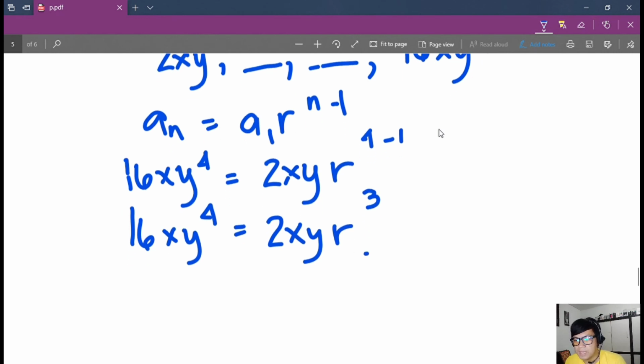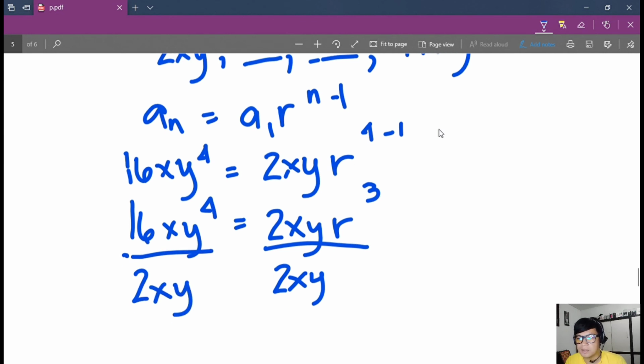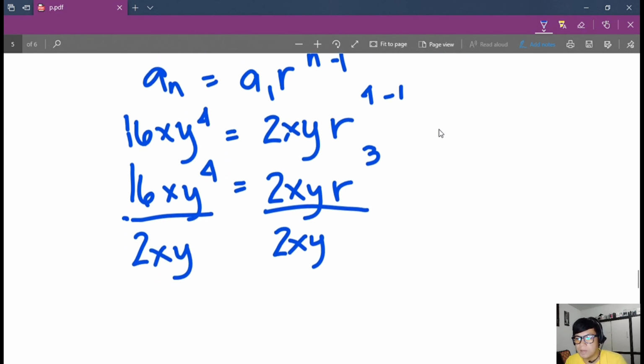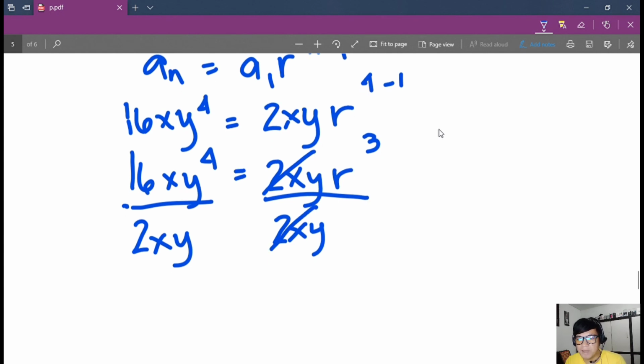Para mawala yan siya, ito, maiwan na lang si r. Divide natin both sides by 2xy. So, mawala na ito siya. And this one, pwede natin i-simplify.